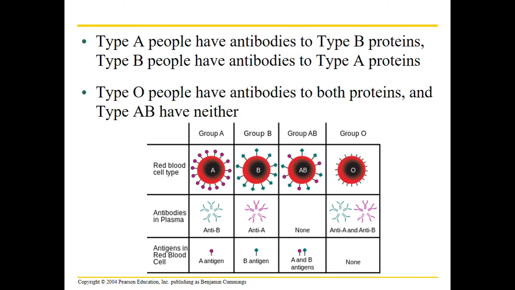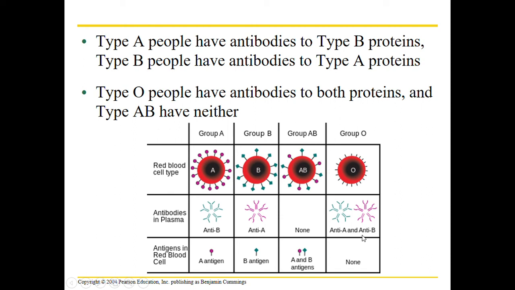What's really cool with blood groups is that if you have certain proteins on the outside of your blood cell, anything that's not on the outside, your body is making antibodies against. So if you're type O, you'll have anti-A and anti-B.